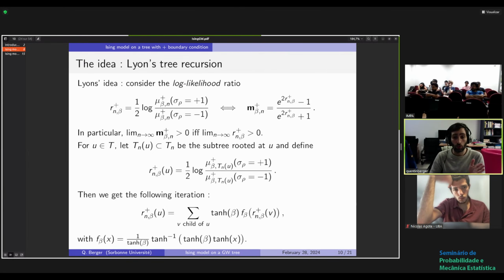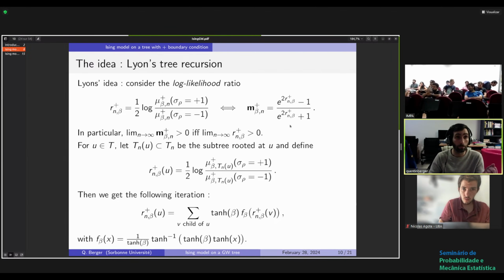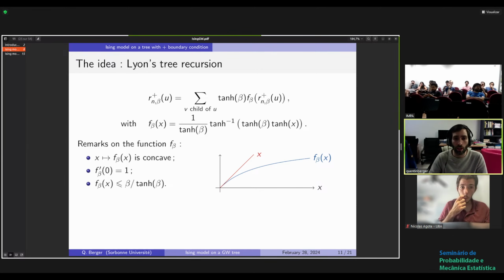Here this function is explicit: f beta of x is 1 over hyperbolic tangent of beta, times the inverse hyperbolic tangent of, hyperbolic tangent beta times hyperbolic tangent x. It looks complicated, but it's not that complicated, and it comes from the specific Hamiltonian of the Ising model. I've put the tangent beta outside because I want f beta to be normalized.